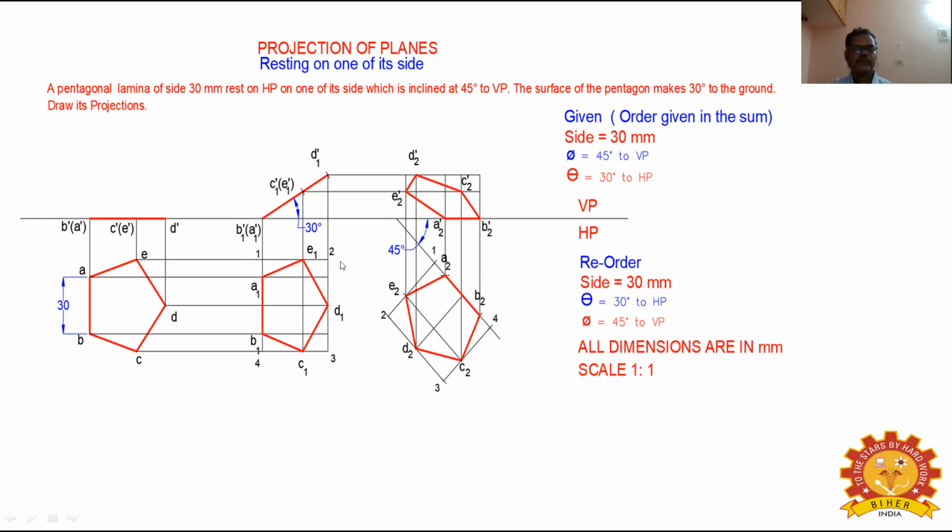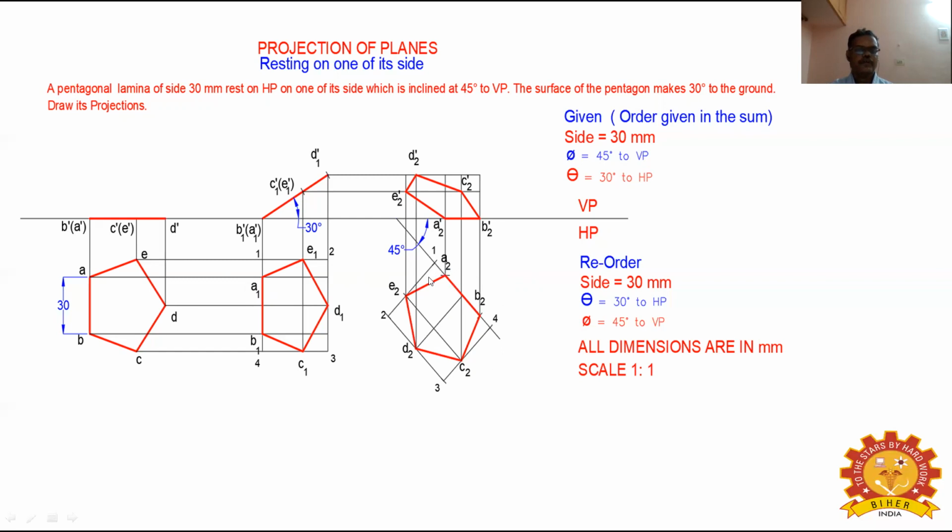From 1 to 2 as radius, from 1 as center, cut an arc, mark as 2. Similarly, from 4 as center, cut an arc, mark as 3. Now complete the outer rectangle 1, 4, 3, 2.